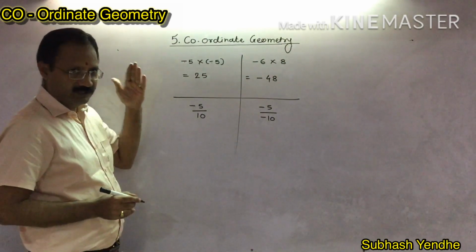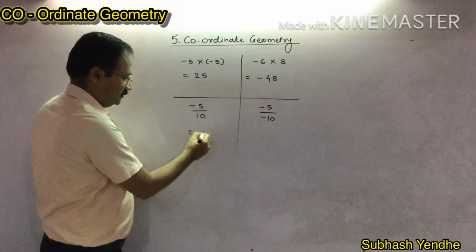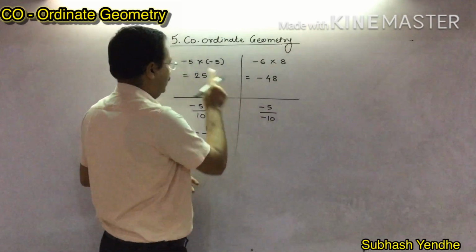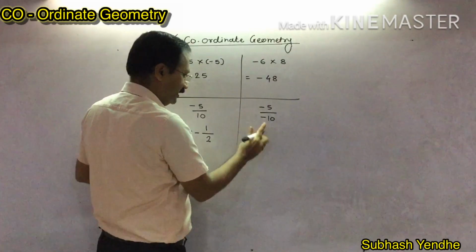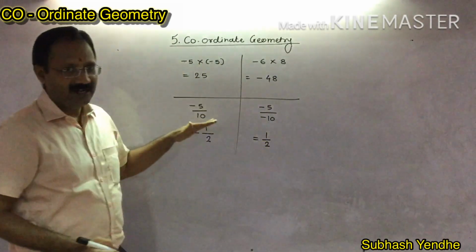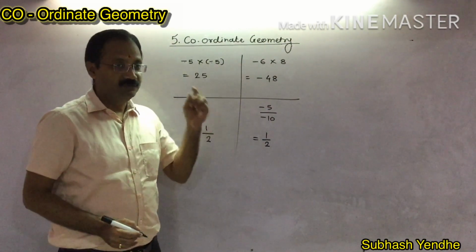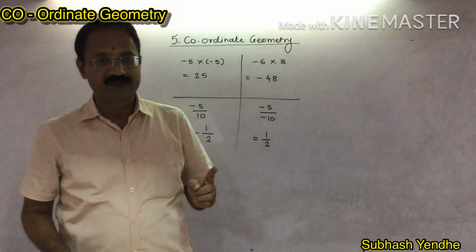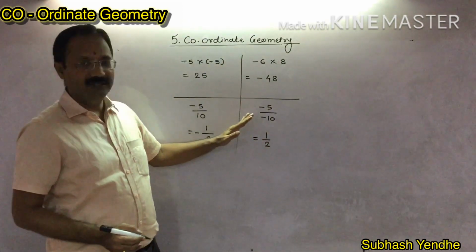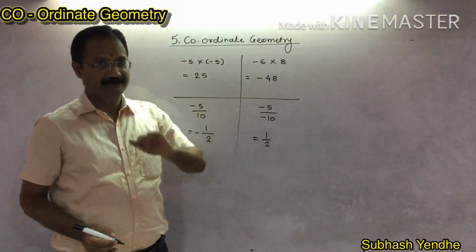Same rule for the division. Plus minus, your answer is minus. 5 1s are 5, 5 2s are 10. Here same, minus minus plus. These are the rules of multiplication and division. If you know all these rules, then you will be able to solve all the sums from coordinate geometry.